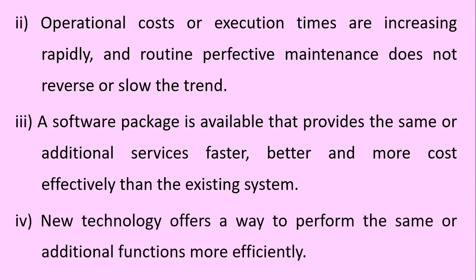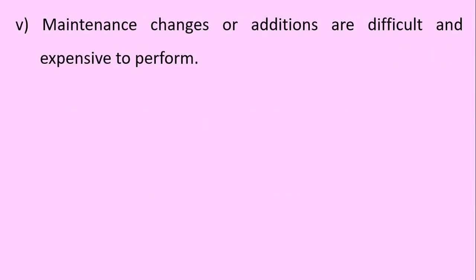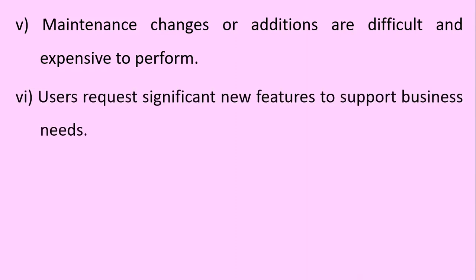Number four is when new technology offers a way to perform the same or additional functions more efficiently. Number five is when maintenance changes or additions are difficult and expensive to perform. Number six is when users request significant new features to support business needs.